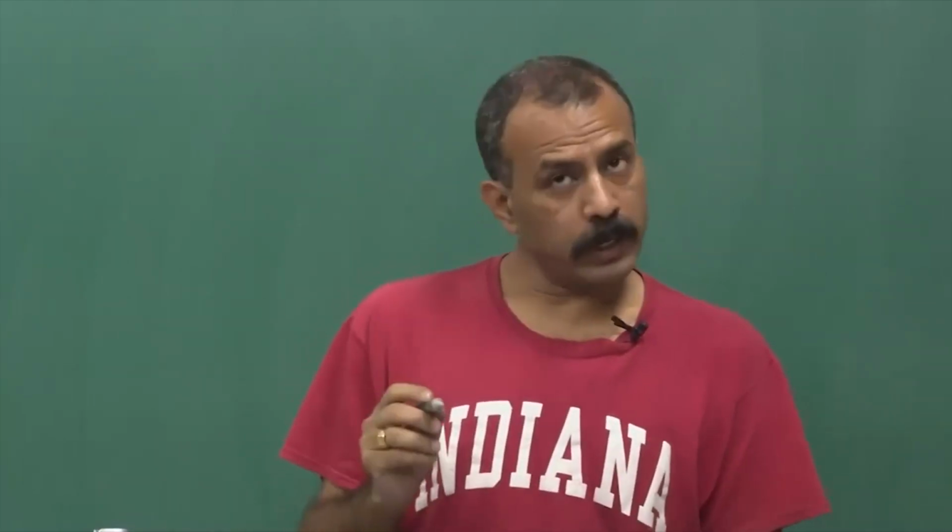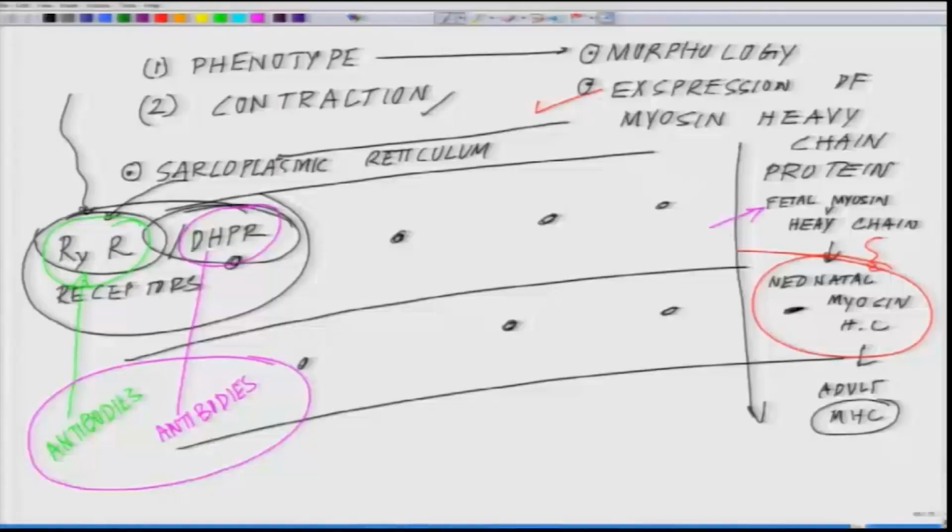So, what do you need as a tool? You need an antibody for fetal myosin heavy chain. At some point you have to see, in the very early phase, an expression of fetal myosin heavy chain. Then you need antibodies for neonatal myosin heavy chain. You need antibodies, if you can have a prolonged culture, for adult myosin heavy chain.